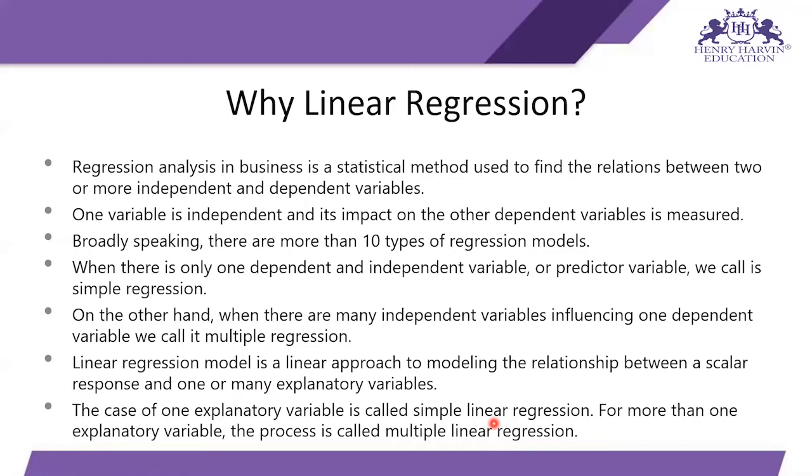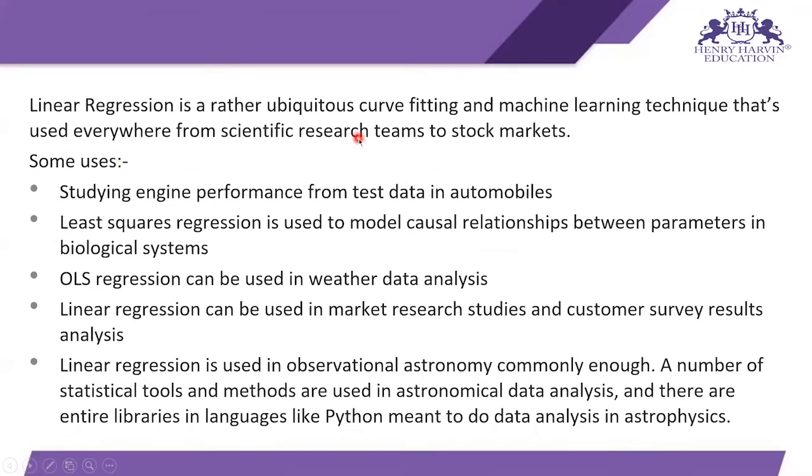So why we use linear regression is all self-explanatory and very easy. If we have to find out the relations in the data, we use this linear regression model or algorithm.